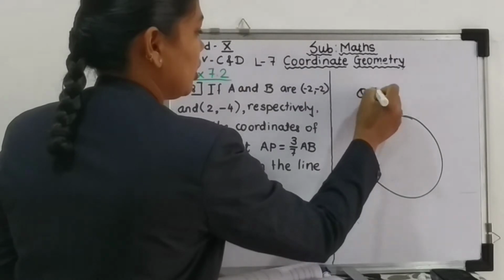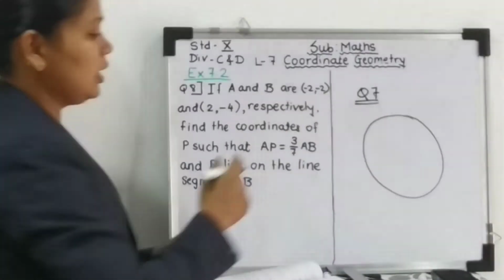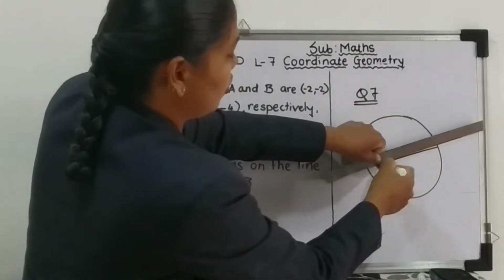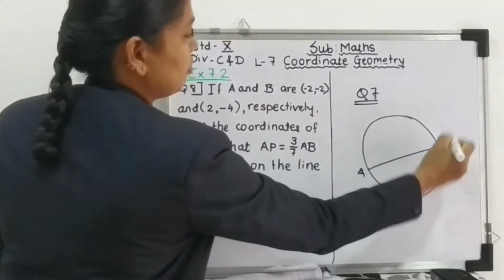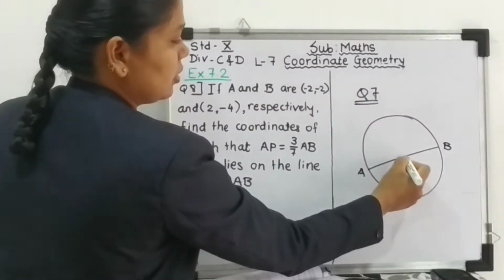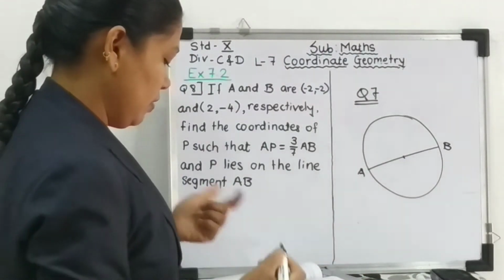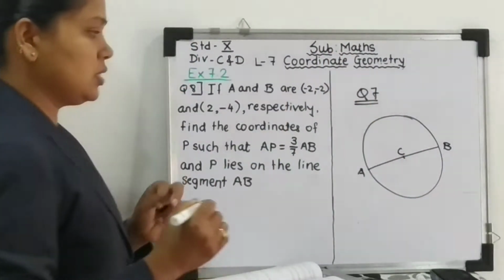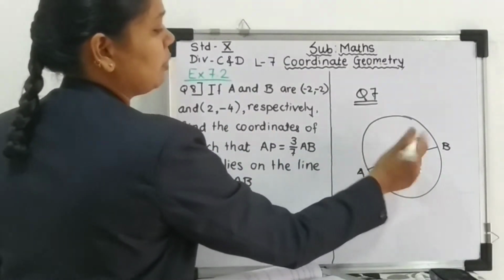Then AB is a diameter, so we will draw the diameter over here, and the center is given, suppose we take it as C or P, whichever is comfortable for you.